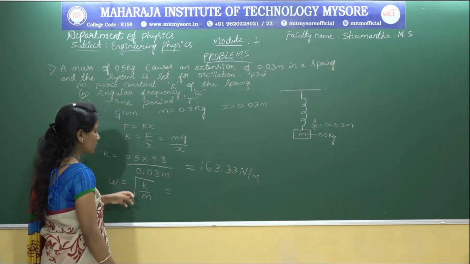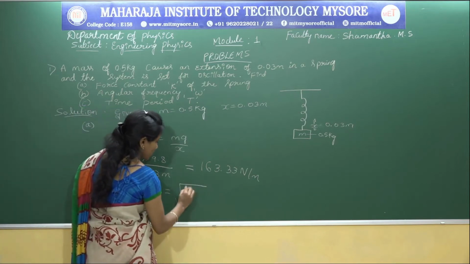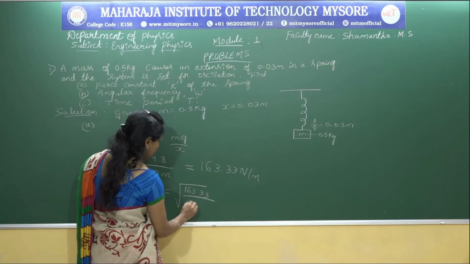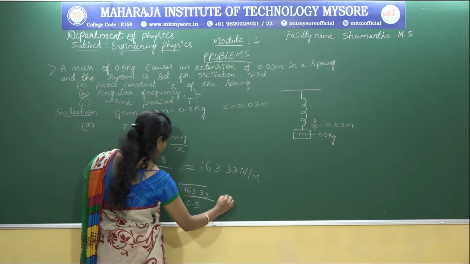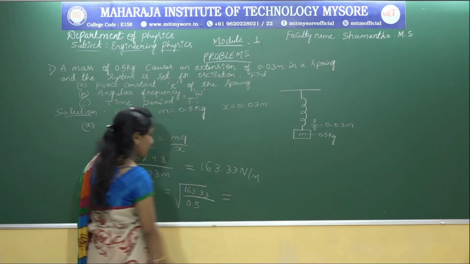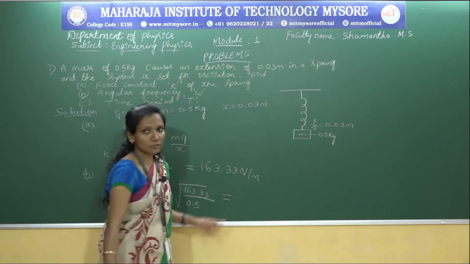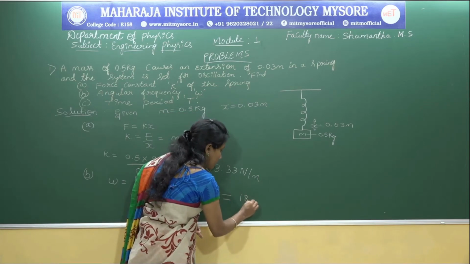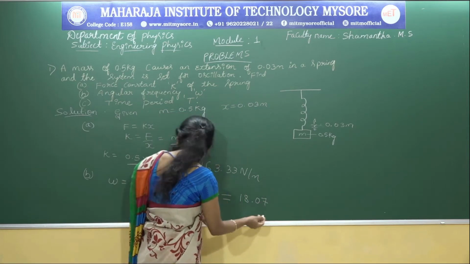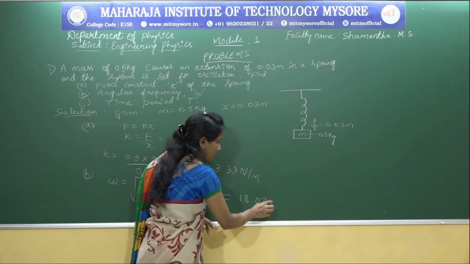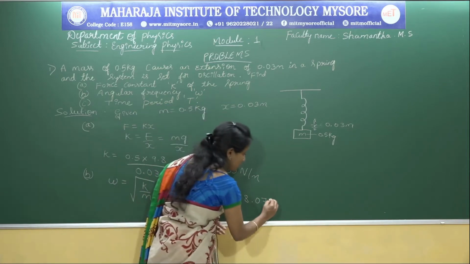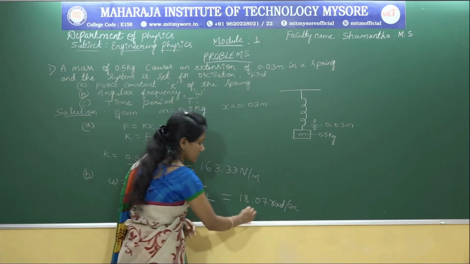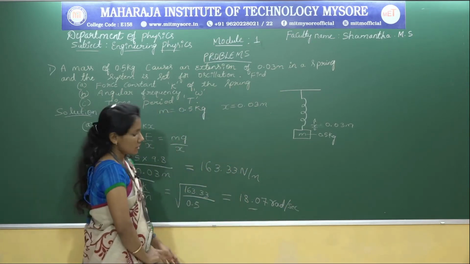Now the K value is 163.33 and the m value is 0.5. Using the calculator, we get 18.07. The unit for the angular frequency is radian per second. So this is the angular frequency value.